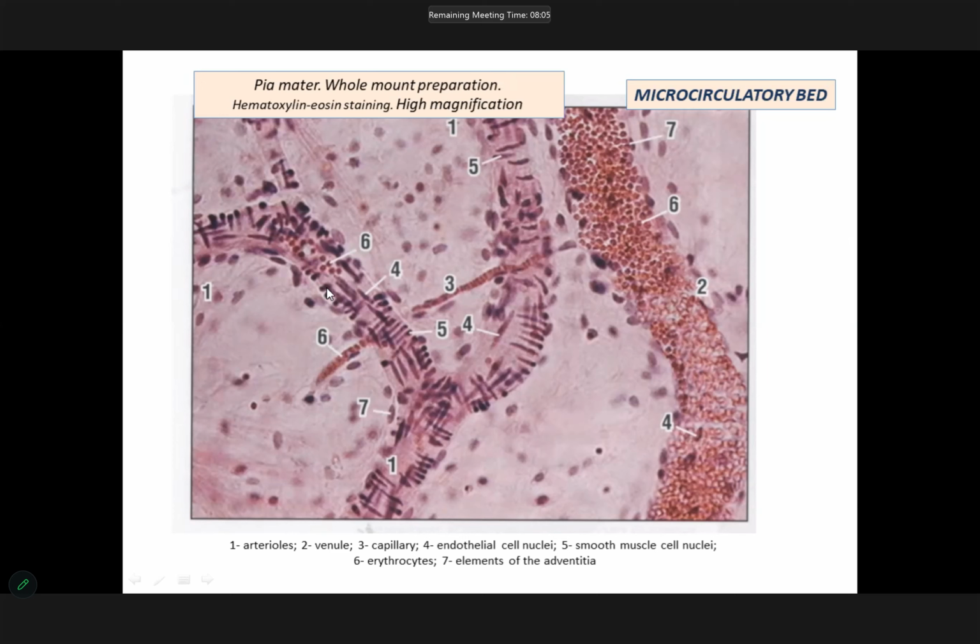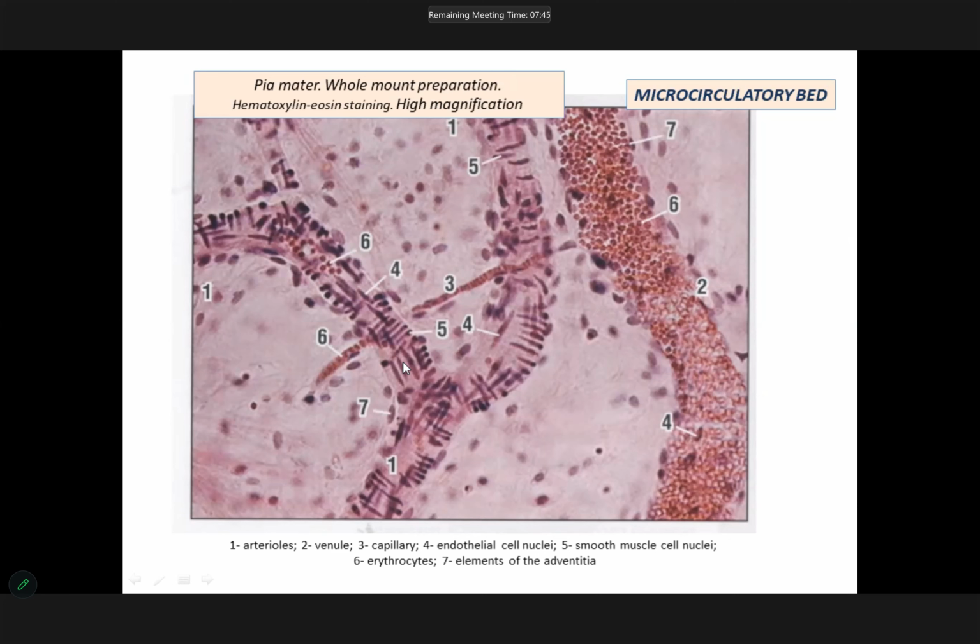So these are also smooth muscle cell nuclei, but they are located on the side of the wall. Elongated cell nuclei that are longitudinally located along the axis of the blood vessel are always endothelial cells.